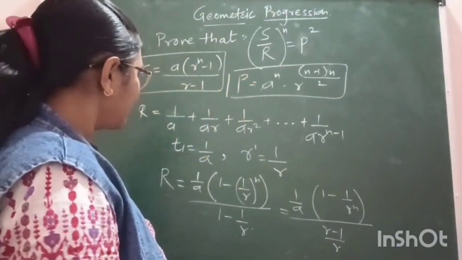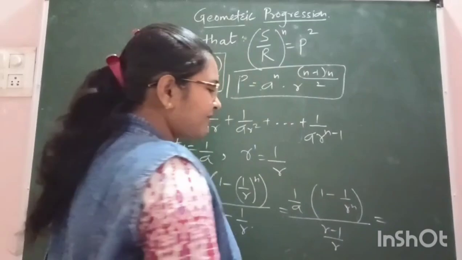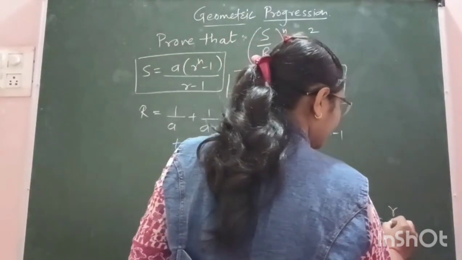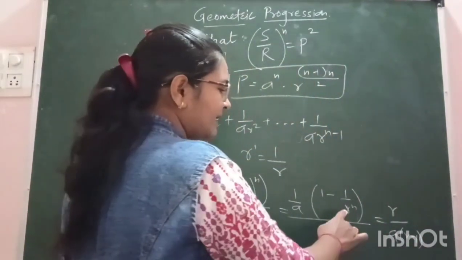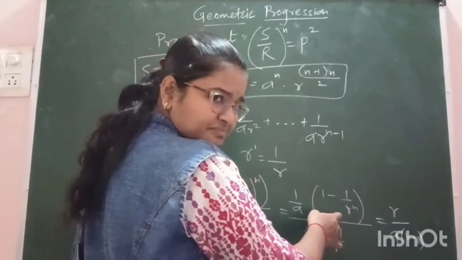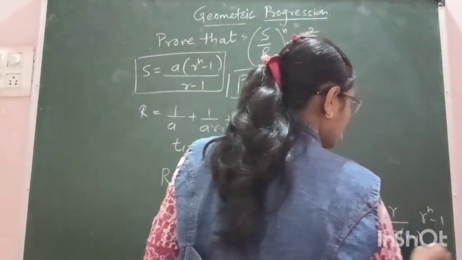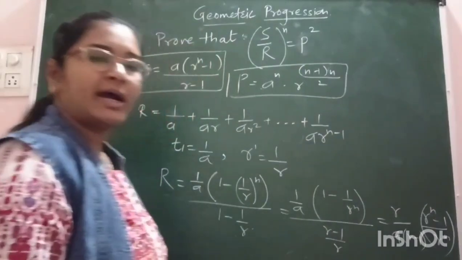Are you getting, children? Now if we simplify it, this r will go up, so it will be r upon a into r minus 1. Okay, and this will be the LCM. So here it will be r raised to n minus 1 upon r raised to n. Understood?